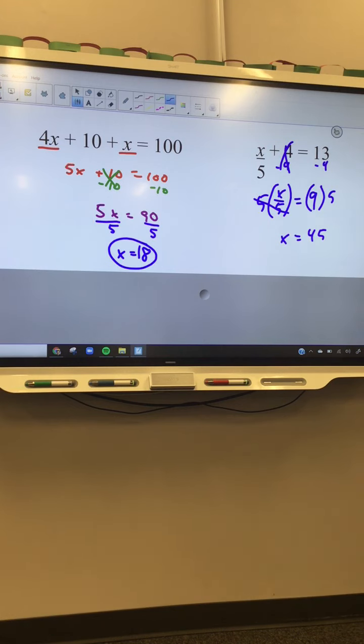Good? I'm not sure how the multiplying thing works. Well, multiplying 5 by x over 5, that's just x divided by 5, which is the division. So again, you're undoing division by multiplying. Okay?